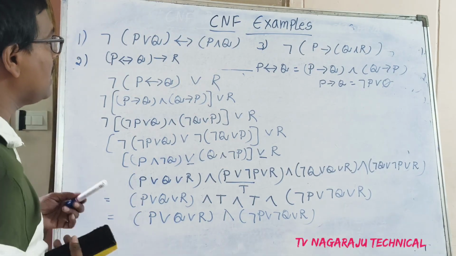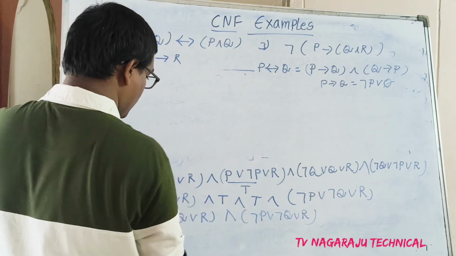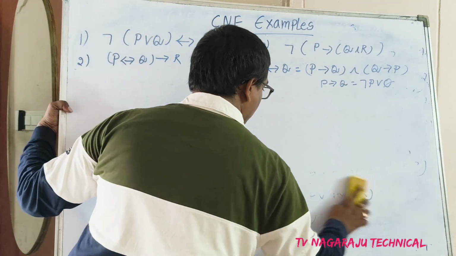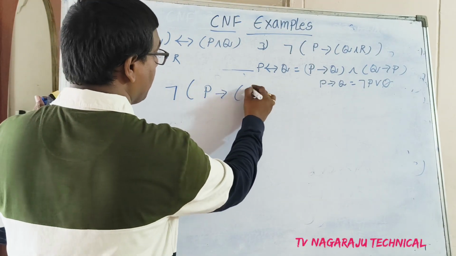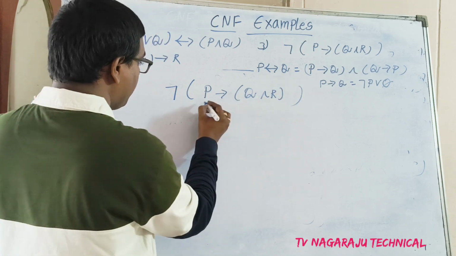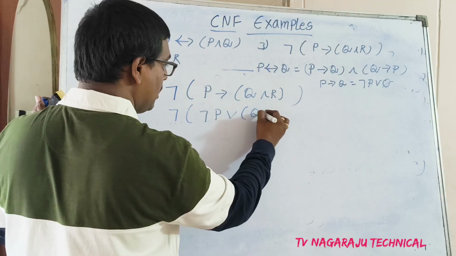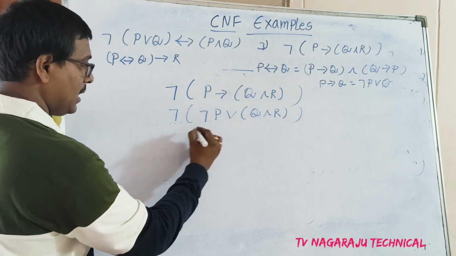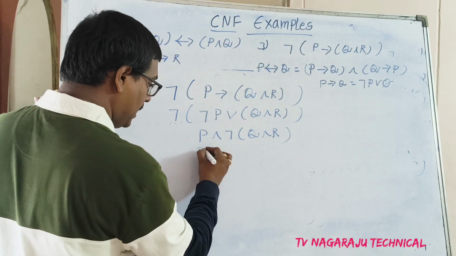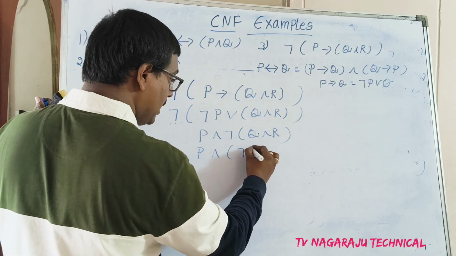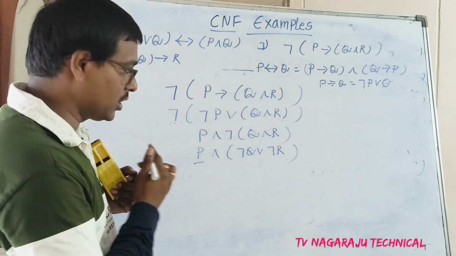Now move to the last example: negation of P implies Q and R. First, negation of P implies negation P or Q and R. Apply the De Morgan law: P and negation of Q and R. Apply P and negation Q or negation R. This is the product. This is a sum term.